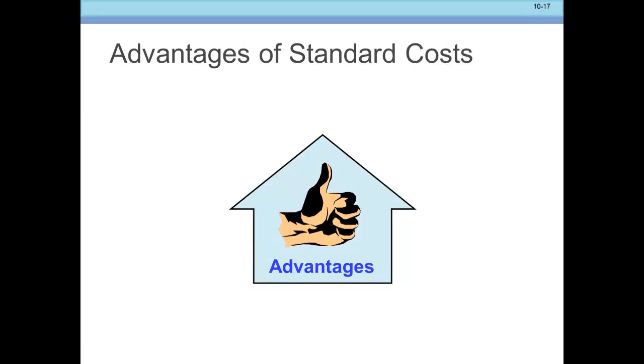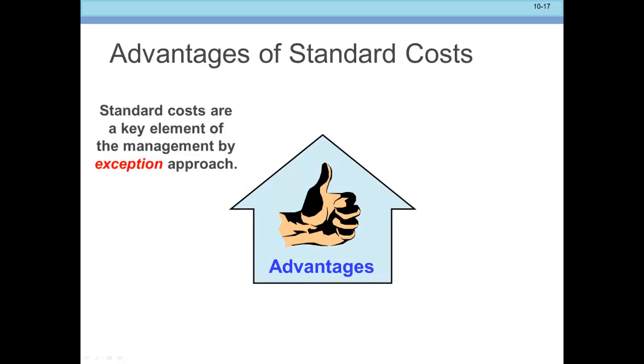Some advantages of standard costing are that it allows us to manage by exception, or only focus on transactions that are outside of an acceptable tolerance range. Our variances help us determine which transactions to look at. Standards can really simplify bookkeeping. We don't need to know actual costs every time a unit is sold.